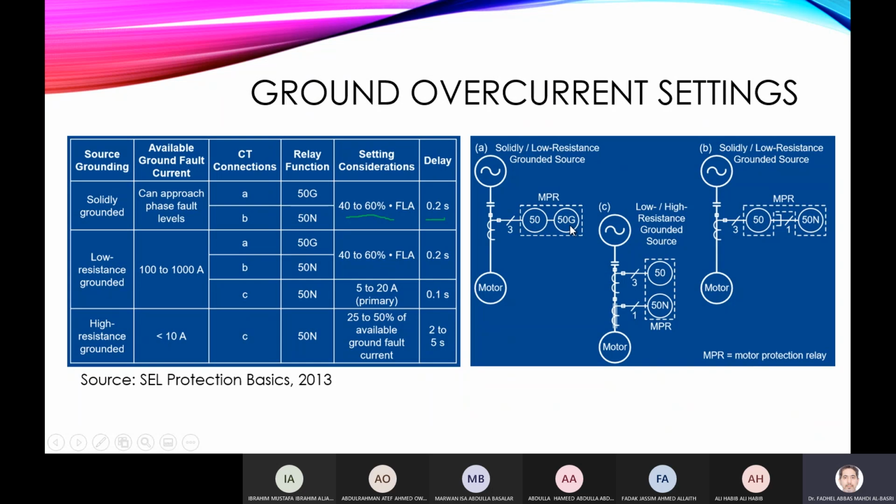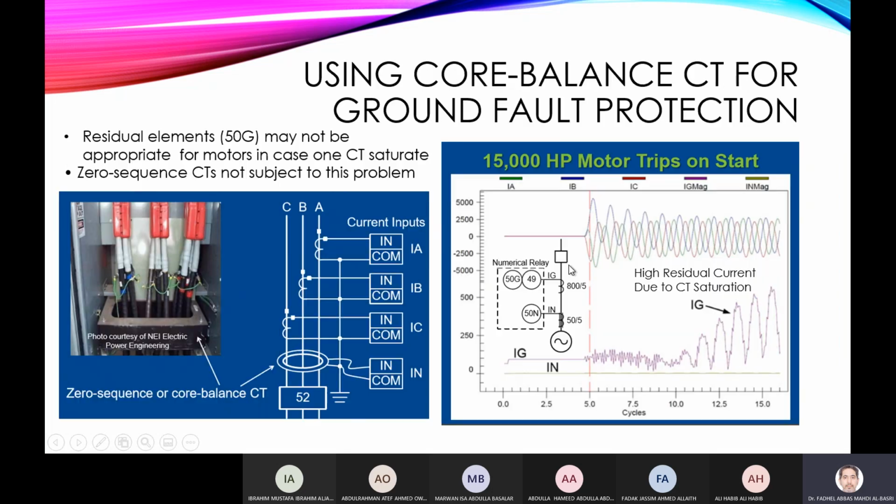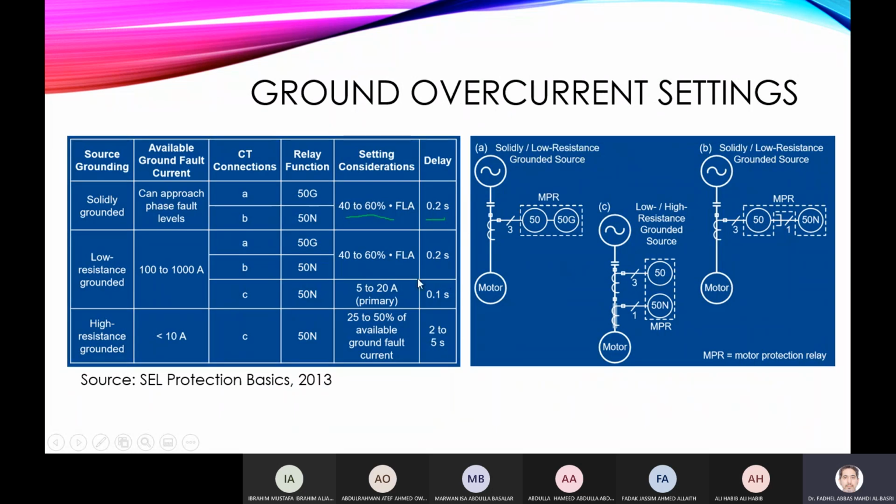This is 50G and 50N. For 50N, when you use the neutral, the star point of the three CTs goes to this. This is for a conventional or numerical relay. This is how you connect what I showed you.